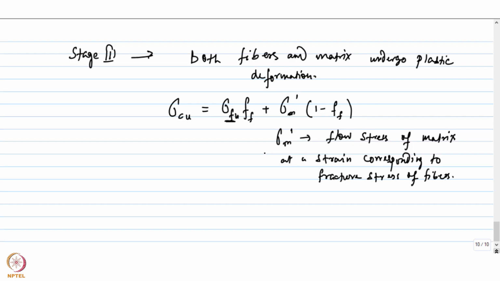So when the strengthening occurs, you could expect that the ultimate strength of the composite should be greater than or equal to that of the matrix, which is given by sigma mu. Now, if we replace sigma cu by this expression, we can write this equation.